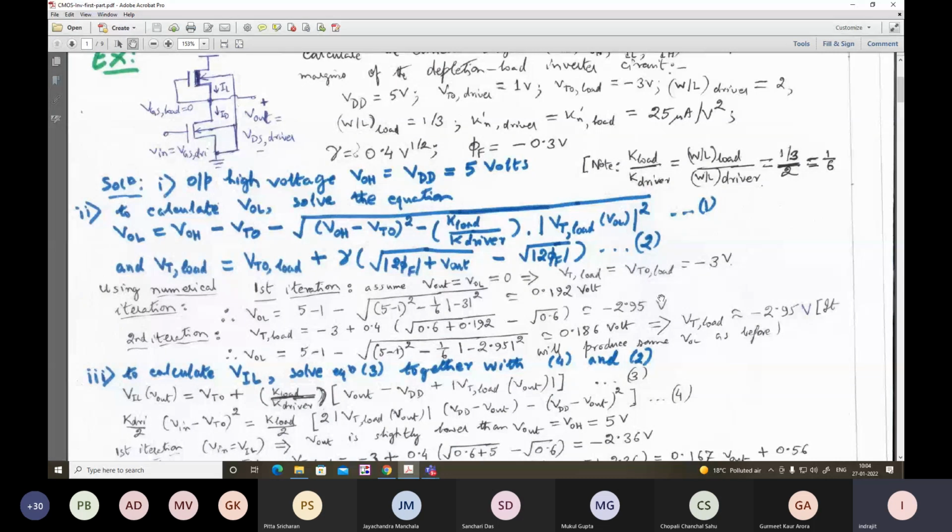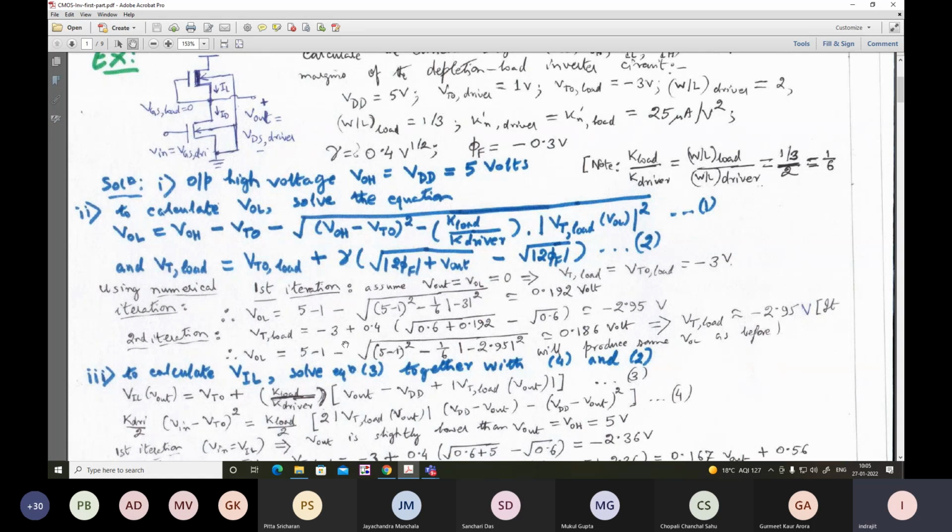VT load equals minus 2.95 volt. Obviously, as the source is no longer connected to the substrate, the actual threshold voltage of the load device will be more positive compared to the zero bias threshold voltage, which is minus 3 volt. So here we have got it to be minus 2.95. After that, we can make it a more accurate result.